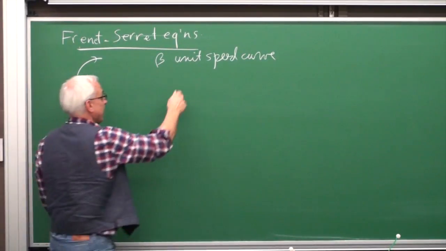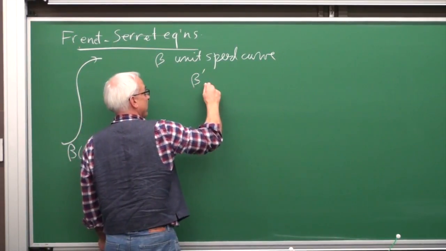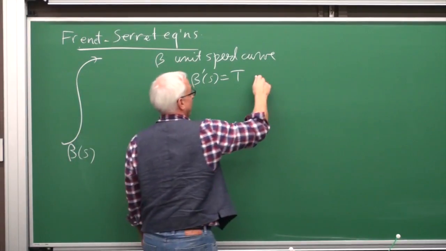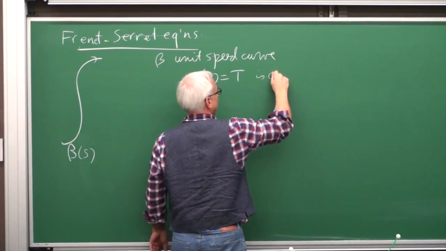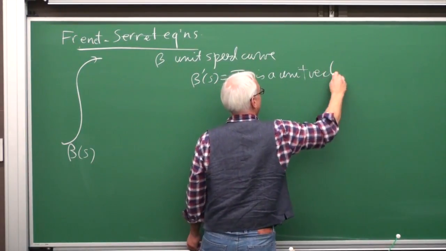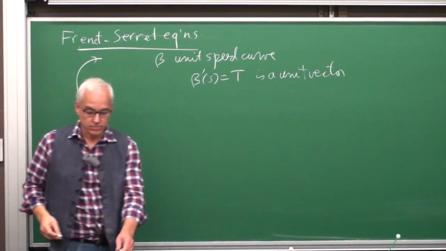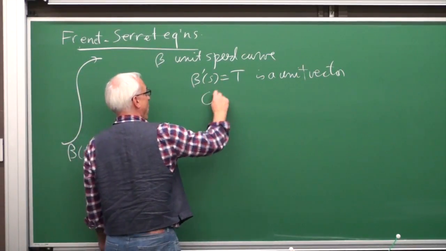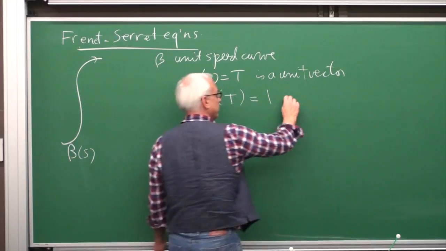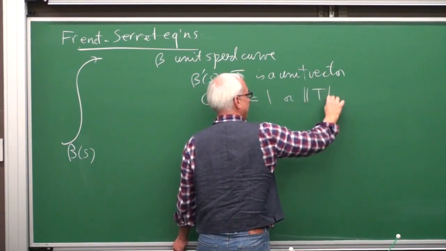And that means that its derivative, beta prime of s, which we usually call t, is a unit vector. So its square is 1. Or if you want, take the square root, its length is 1.